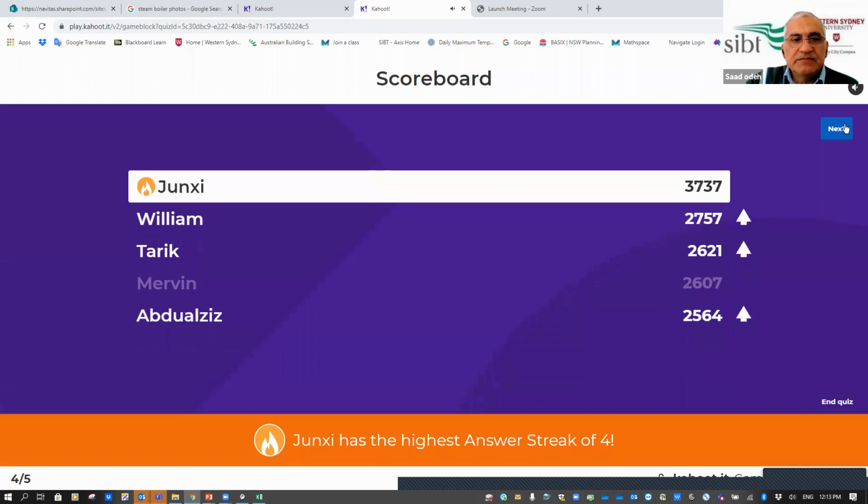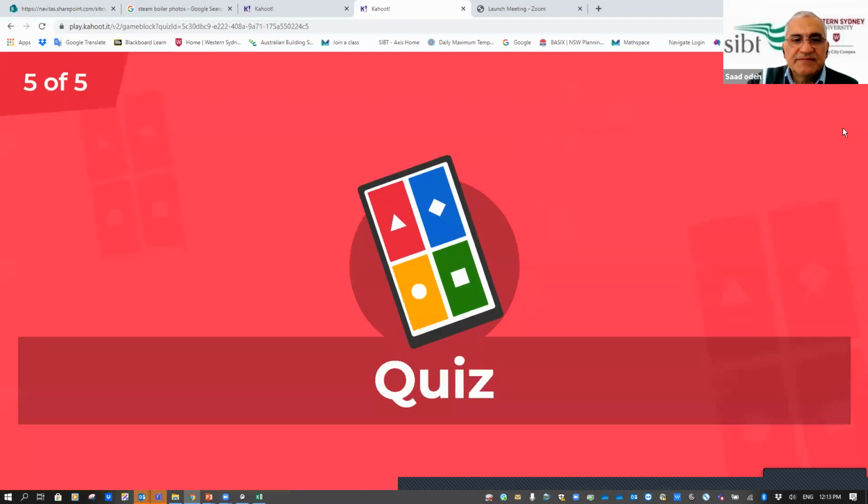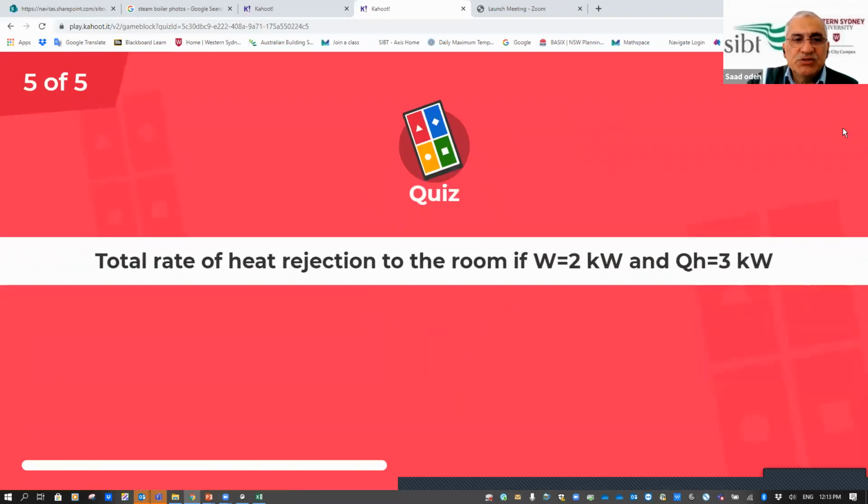Right, so the last question. The total rate of heat rejection to the room.